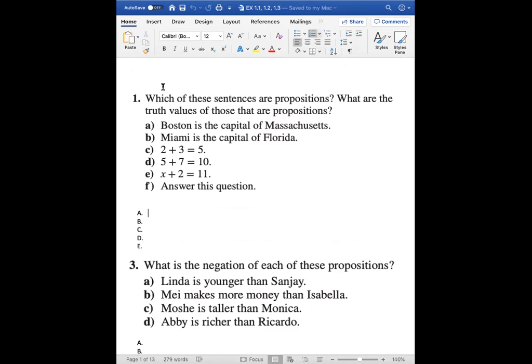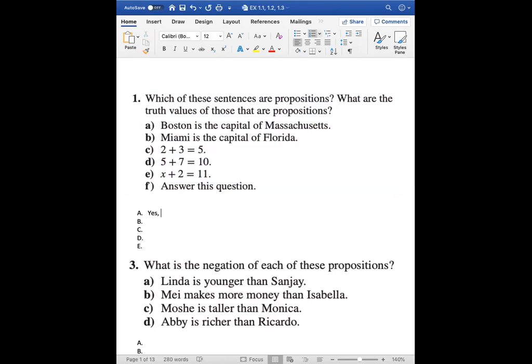The first question is from exercise 1.1: which of these sentences are propositions? What are the truth values of those propositions? Boston is the capital of Massachusetts. A proposition is a statement which is either true or false. Since this is such a statement, yes, this is a proposition.